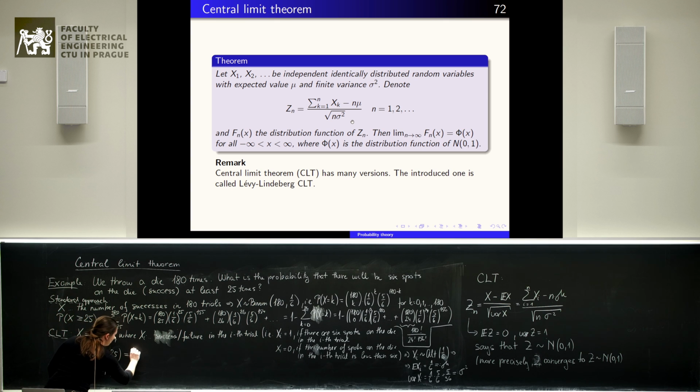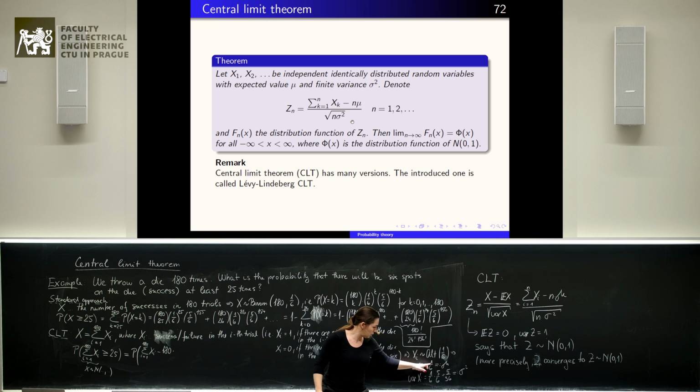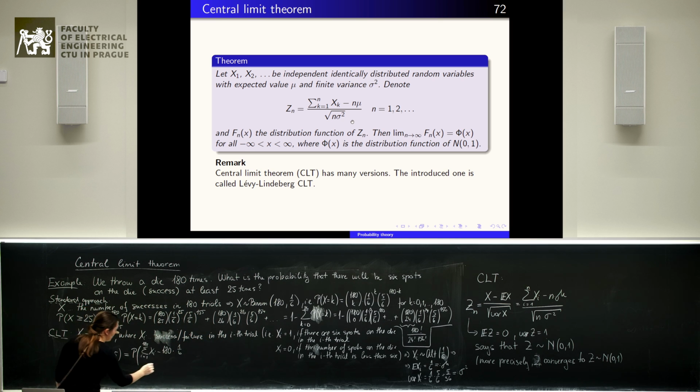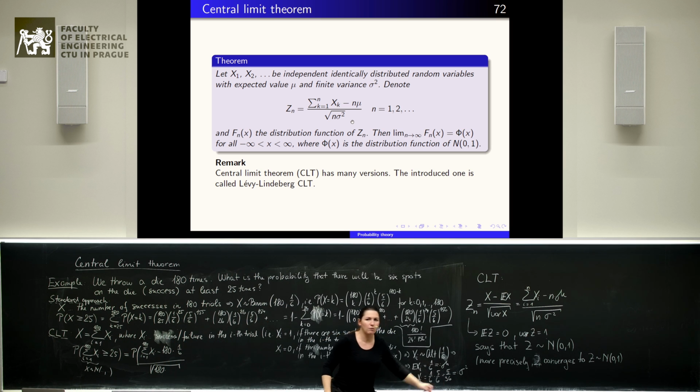So, in our case, we normalize this sum so that we subtract n, which is 180, times mu, which is equal to 1/6, over the square root of the variance of x, which is n times the variance of xi, which is 5/36.